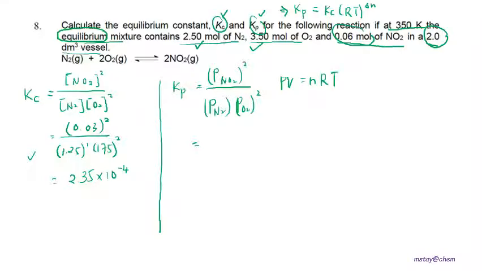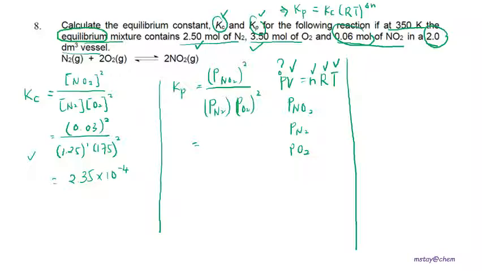Because from the question, we didn't know the pressure for each gas, but we know their volume, the number of moles, the value of R, and also the temperature. But if you use this method, you need to calculate the partial pressure for nitrogen dioxide, nitrogen, and oxygen, which will take longer time.